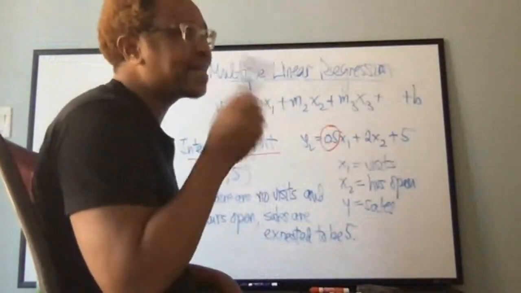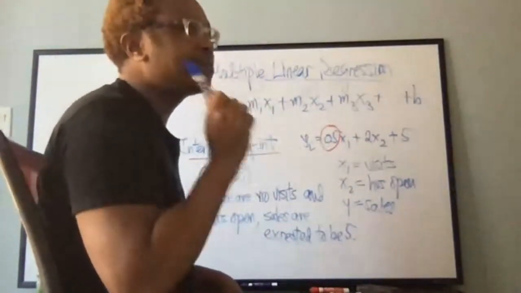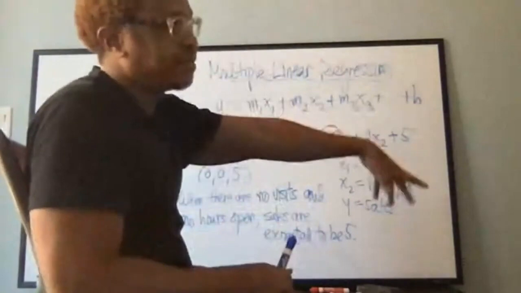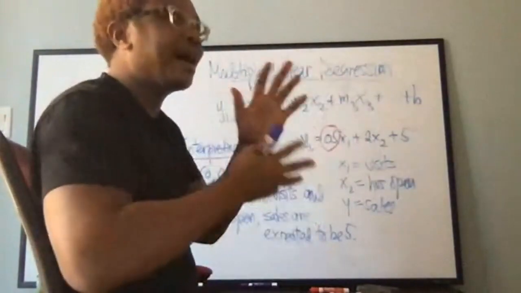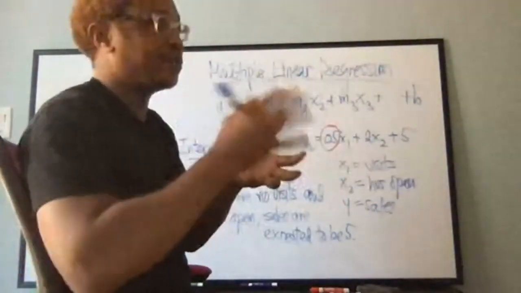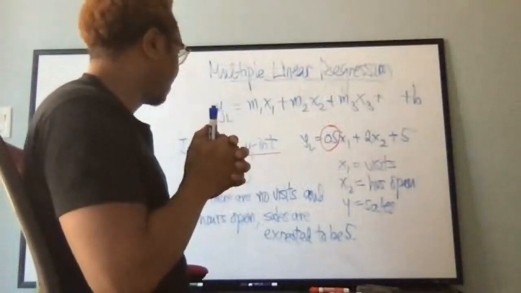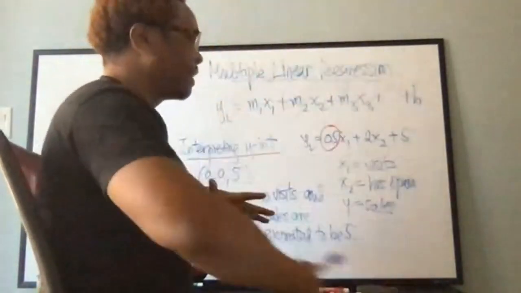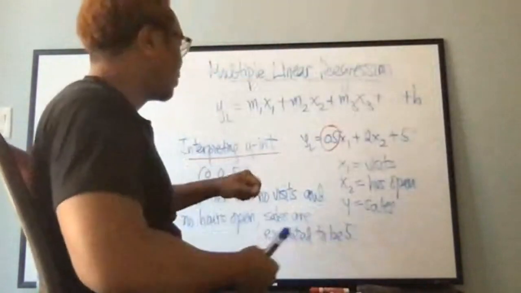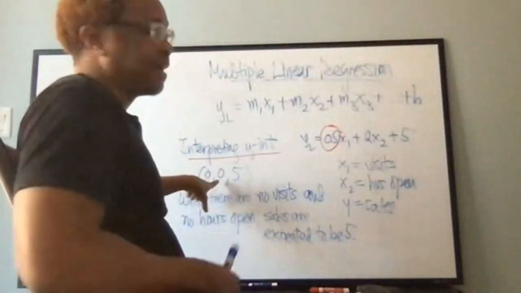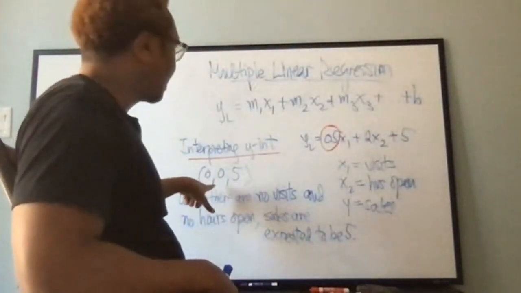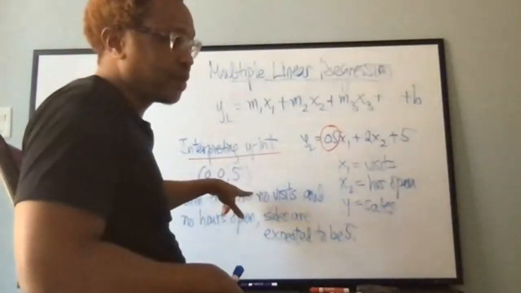And I can really see the confusion, especially because when we get to time series, there's going to be another kind of variation we have to do when interpreting the slope. But I want everybody to get the general idea. In simple linear regression, you only have one of those zeros. Multiple linear regression, you have more than one of those zeros.